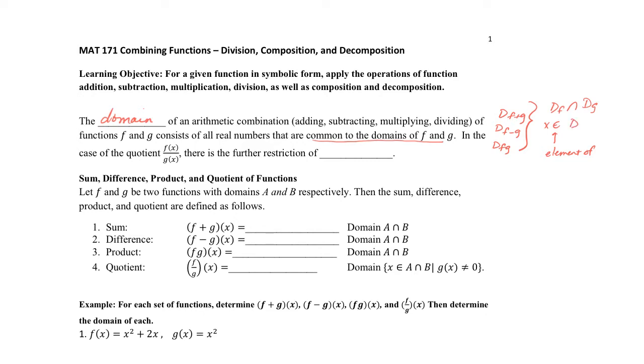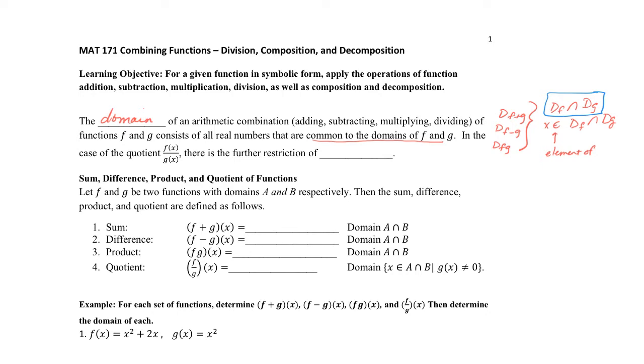So x is going to be an element of the domain of f and the domain of g. So we'll always look at the domain of f, we'll look at the domain of g, and then we put them together to come up with the most restrictive, and that gives me that intersection, which is the domain of f and g. So that still holds true when we're talking about division.